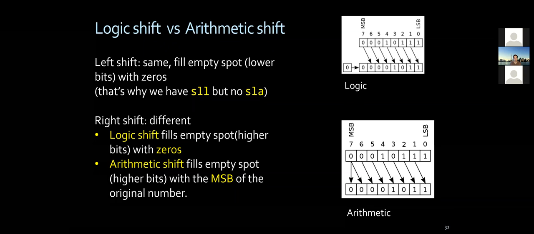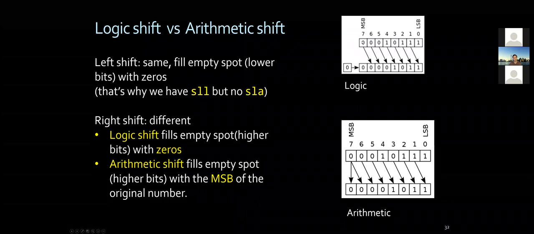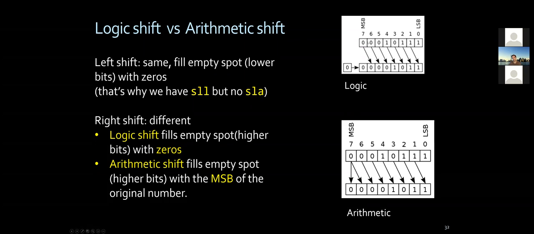But arithmetic shift is different. The arithmetic shift fills the empty spots, the higher bits, with the MSB of the original number. The MSB is the most significant bit, and in signed integers it represents the sign bit. When you do an arithmetic shift, you want to keep preserving that bit. So when we shift arithmetically, that most significant bit shifts here, but is also copied over here.